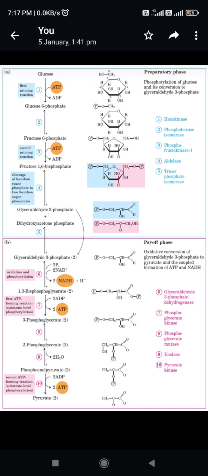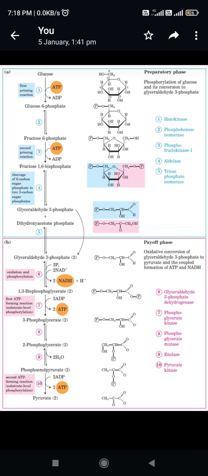In this payoff phase, there is a gain of 4 ATP molecules plus 2 NADH molecules. The net gain of glycolysis is 4 molecules of ATP plus 2 molecules of NADH minus 2 molecules of ATP.